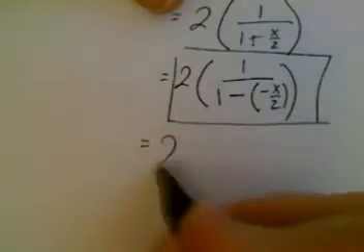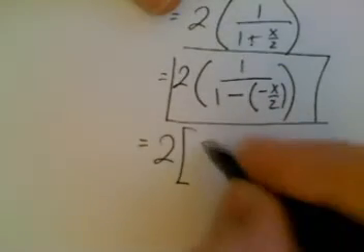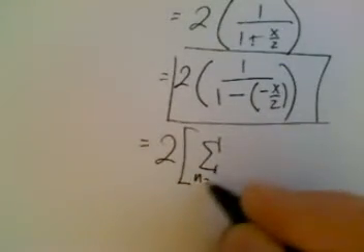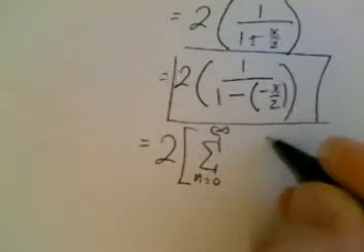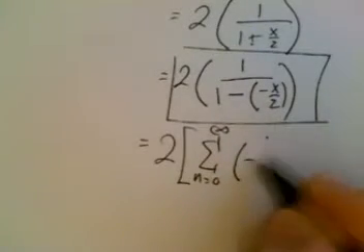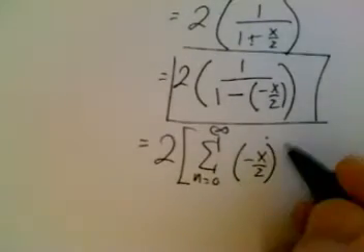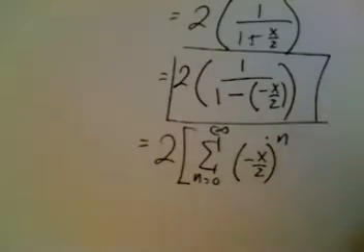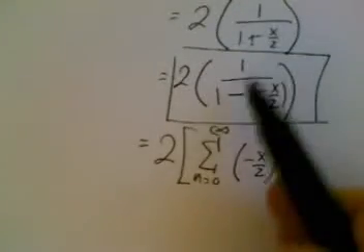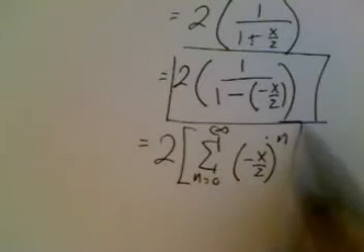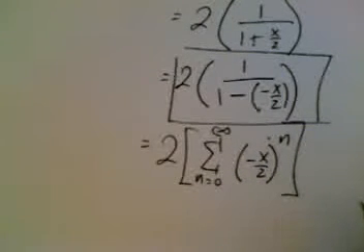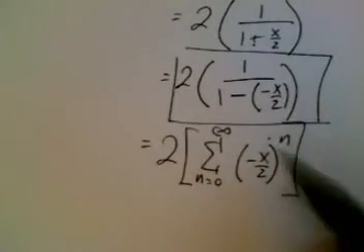So this is now 2 multiplied by the summation as n equals 0 to infinity of my new x, being negative x divided by 2, to the power of n. Again, that is my new x in the summation. So I want to know what the power series is. This is it. This is my power series.